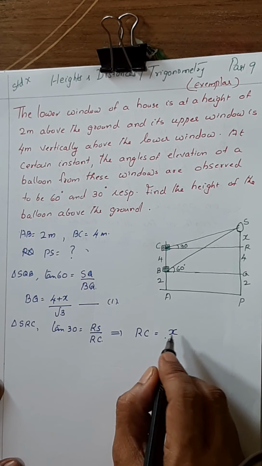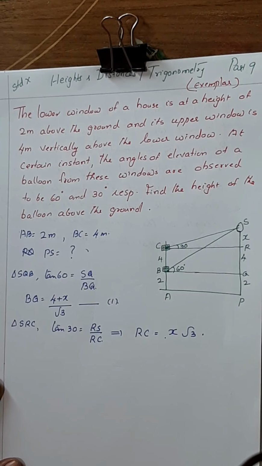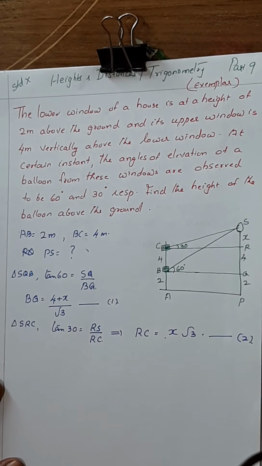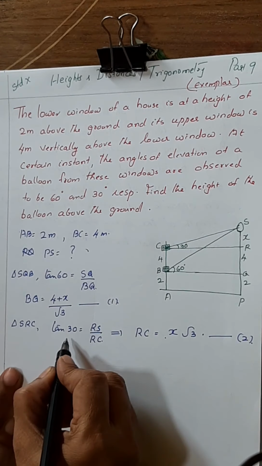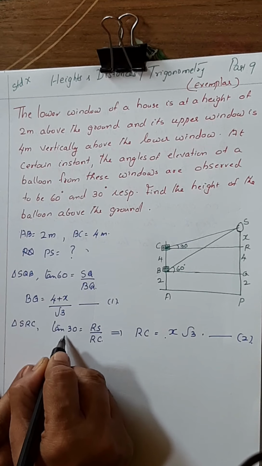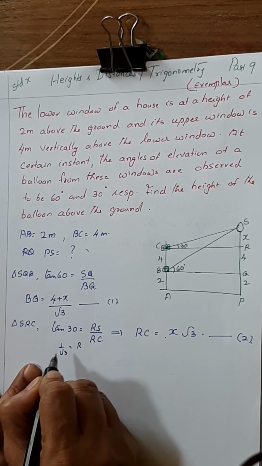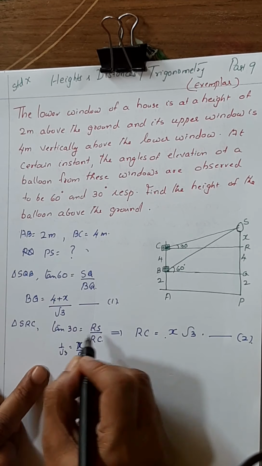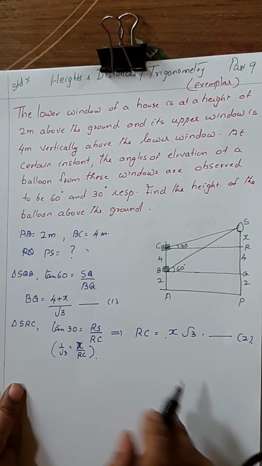So we will write RC is equal to X root 3. This is actually tan 30 is 1 by root 3, 1 by root 3 is equal to RS is X by RC. That is why RC is equal to X root 3. This is equation 2.